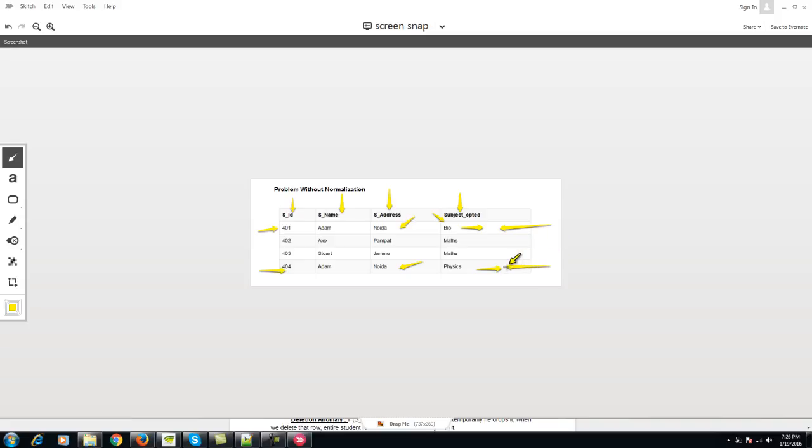Whenever you're doing an operation like update, locking will happen on the entire table. It will put a lock, and during the locking mechanism you will not be able to do any operations, not even a select operation.